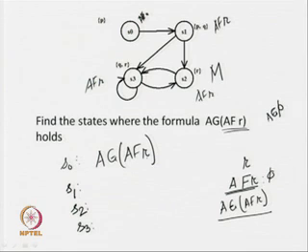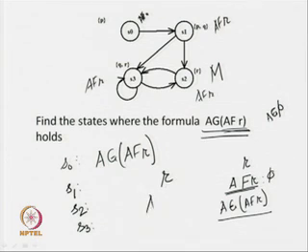is true. So, when we are going to look for the truth values of a particular CTL formula, first of all we have to know the truth values of its sub formulas. Basically, here if I consider this formula AG AFR, it has 2 sub formulas. One is R, we must know the truth values of R in all states.